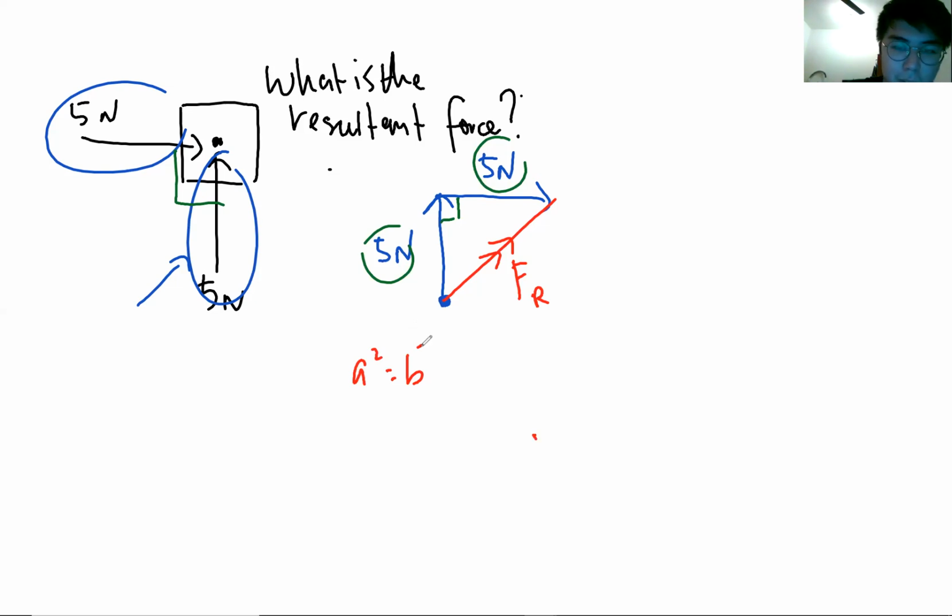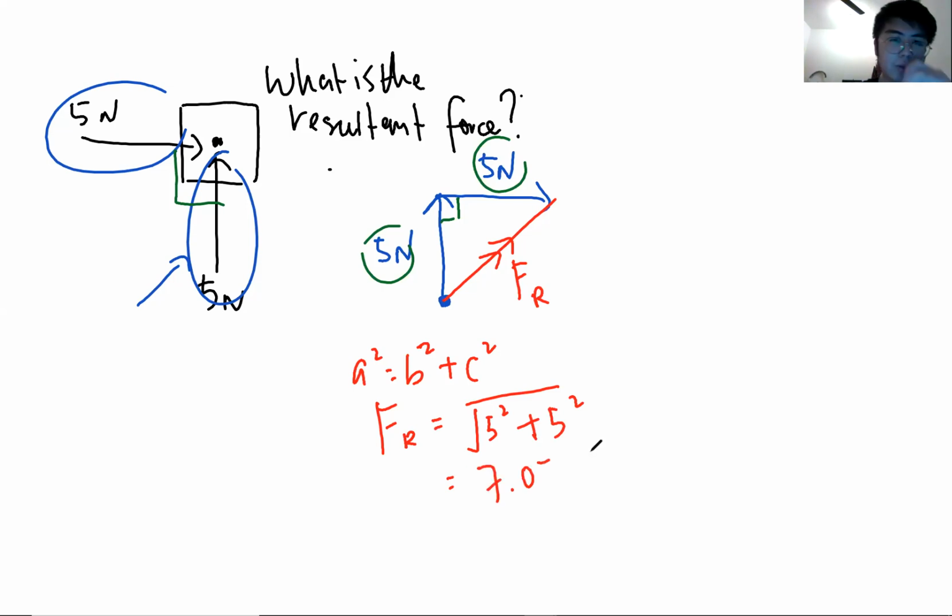So a square equals to b square plus c square. So Fr equals to square root of 5 square plus 5 square. So this one, if you do the math, you will get 7.07 Newton. Okay. So this one Fr is 7.07 Newton.